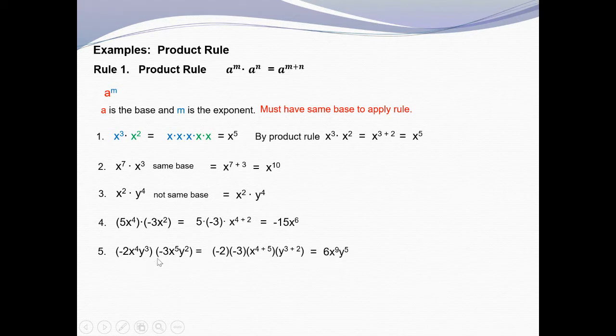So always be careful, guys, with the negatives. When you multiply two negatives, it will always give you a positive. When you have a negative and a positive, it's going to give you a negative. For example, this one here has a negative and a positive, right?